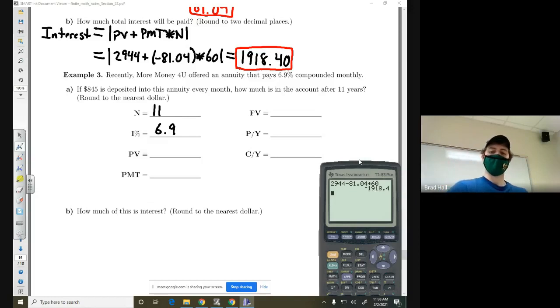We were getting spoiled there. It's 11 times 12 because now they don't tell us the total number of payments. So there's 11 years and this is being done monthly, which automatically tells us two other values: D over Y and C over Y. Those are both 12 because we are doing everything monthly.